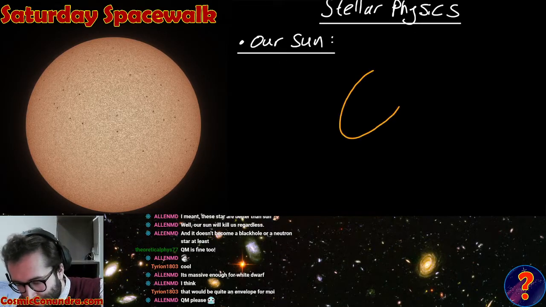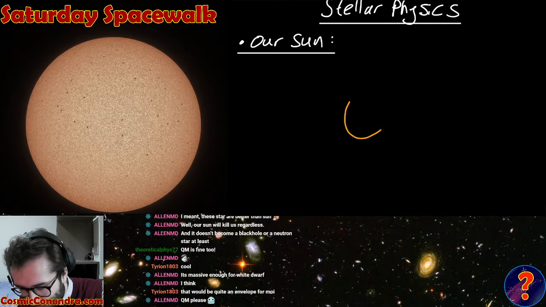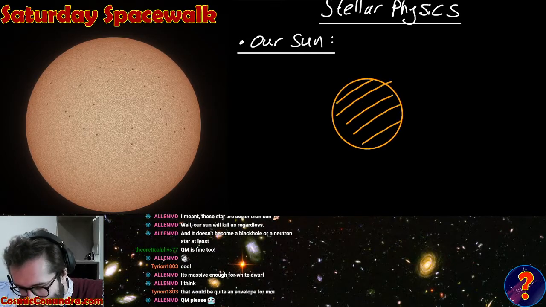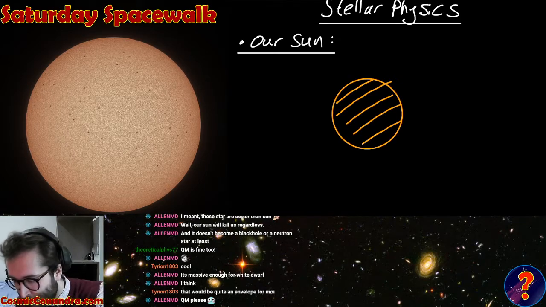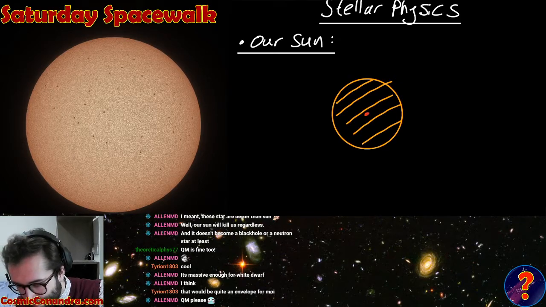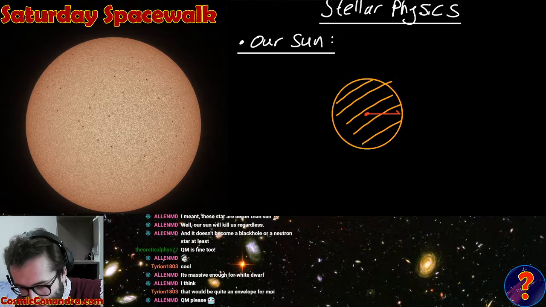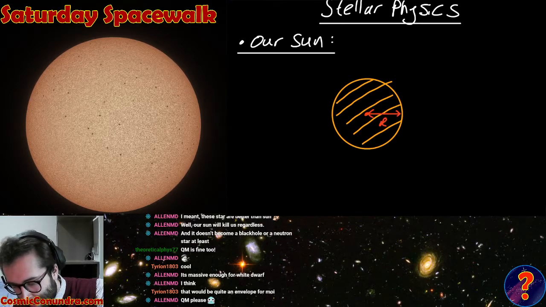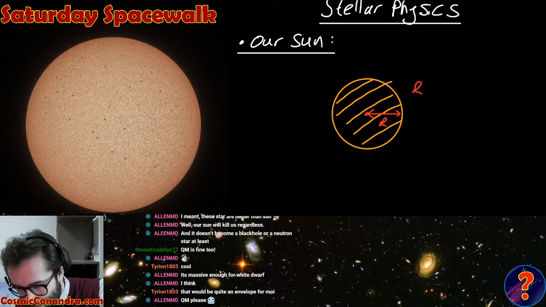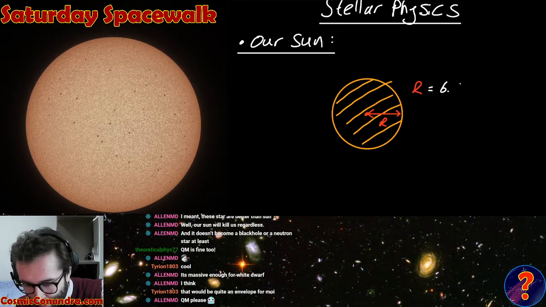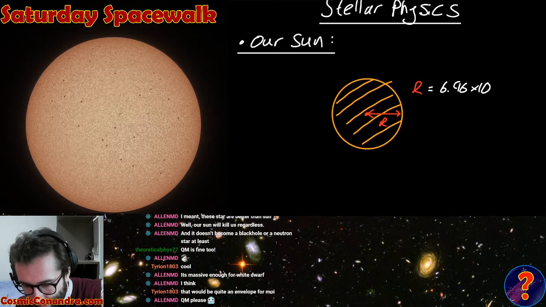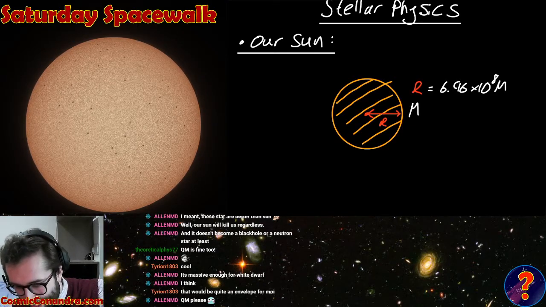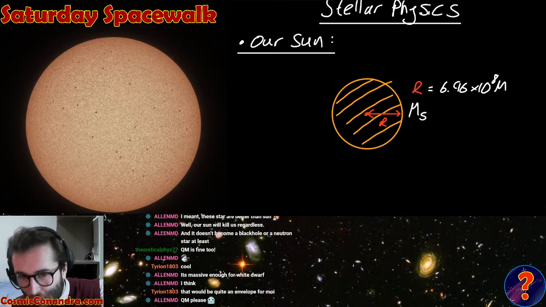Okay, so let's briefly state some useful things about our sun that we'll use throughout. And like I said, these are all things we can measure. So the radius of our sun is about 6.96 times 10 to the 8 meters. And the mass of the sun, which I'll probably call M_S.